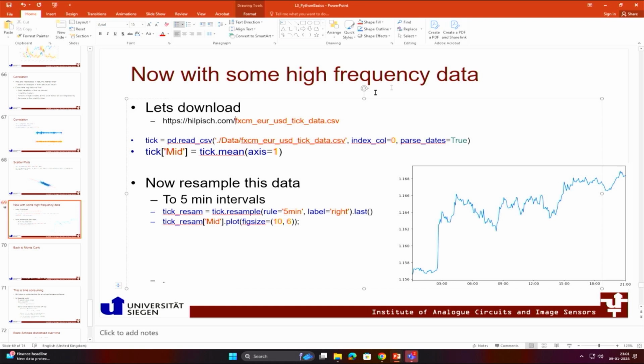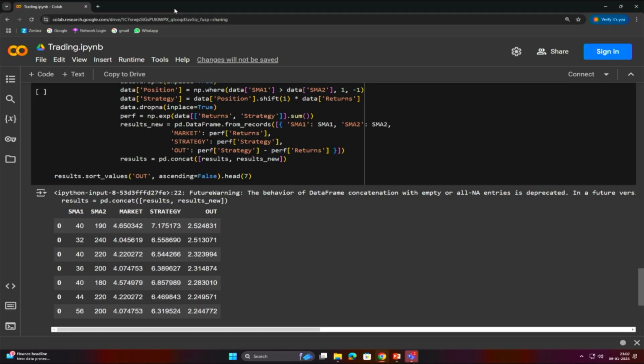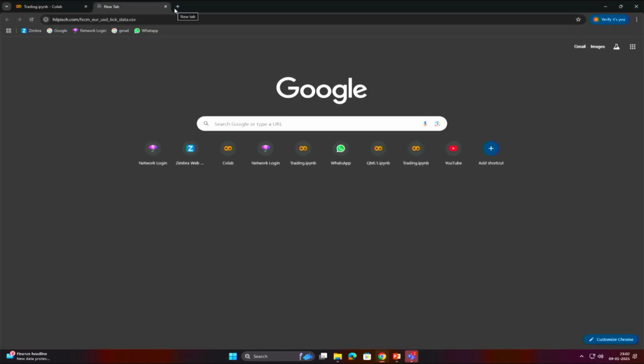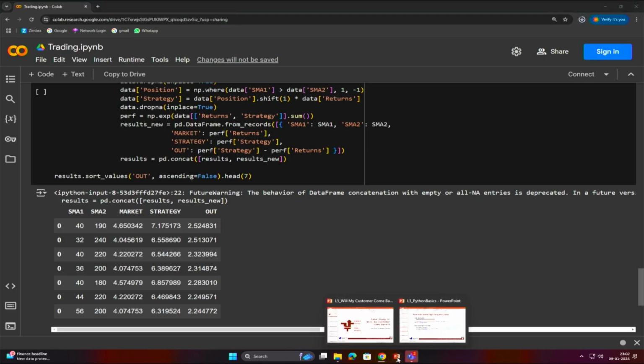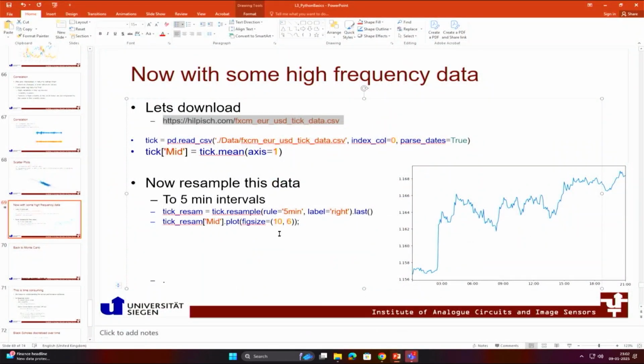That should work. Let's see if it works. Kind of works. So from the same web page, or if you can't download, I will give it to you. Please download this file. This is a high frequency data.